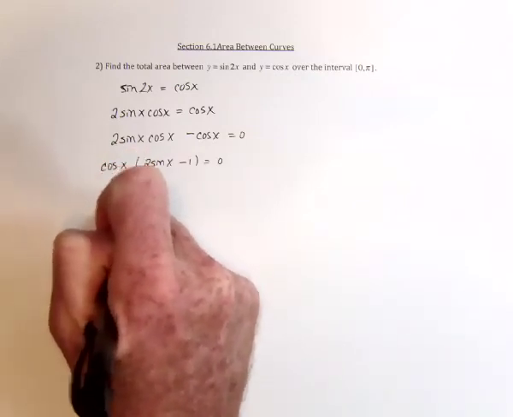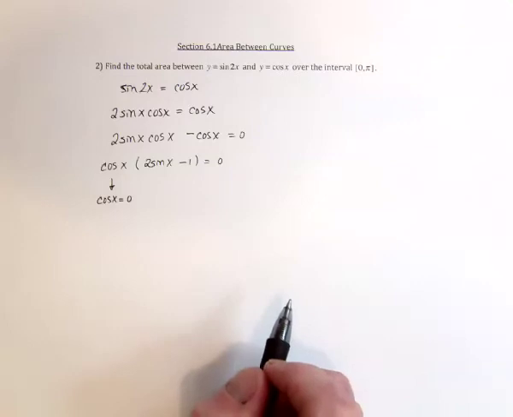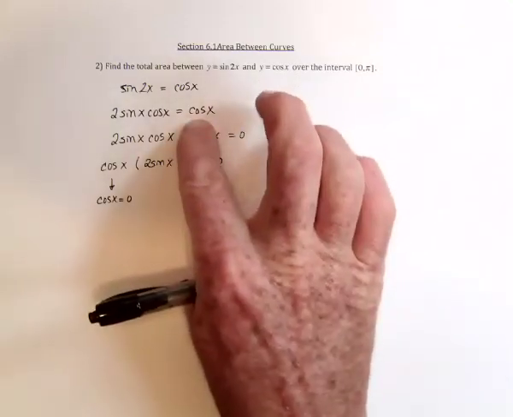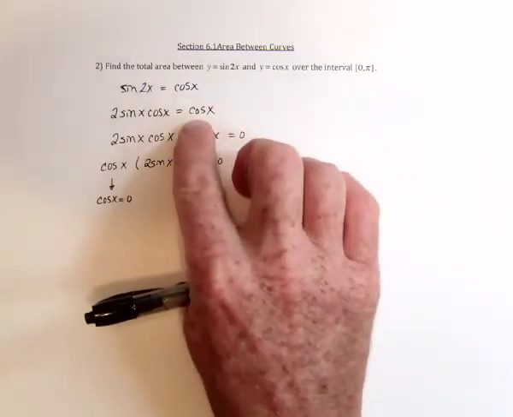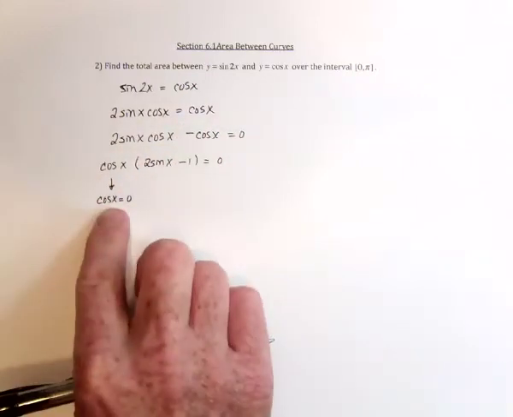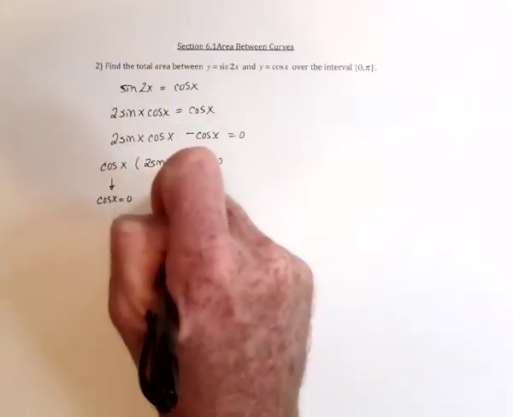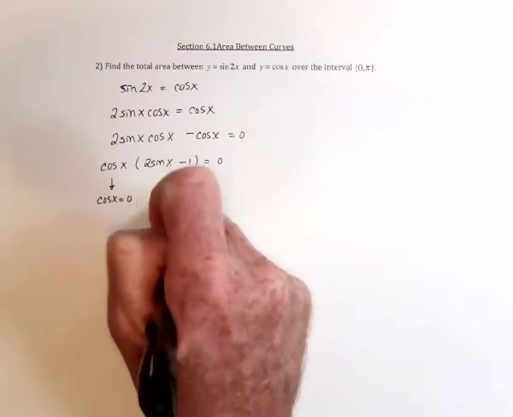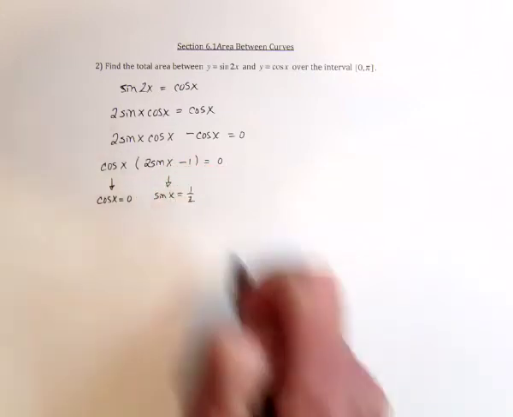So this right here takes care of that case. What if cosine was equal to 0? Back here when I said maybe you would think about dividing by cosine, but what if cosine's equal to 0? And then this one would say, when is sine equal to 1/2?